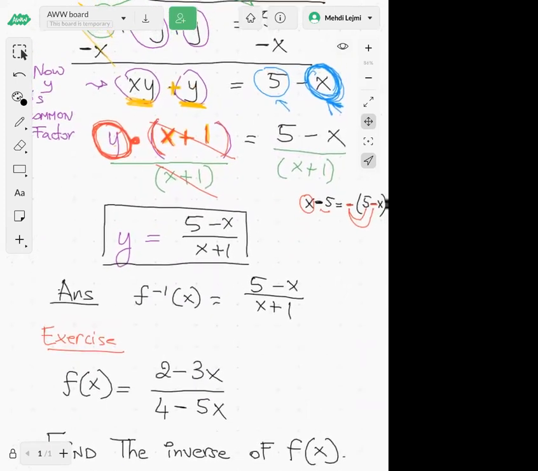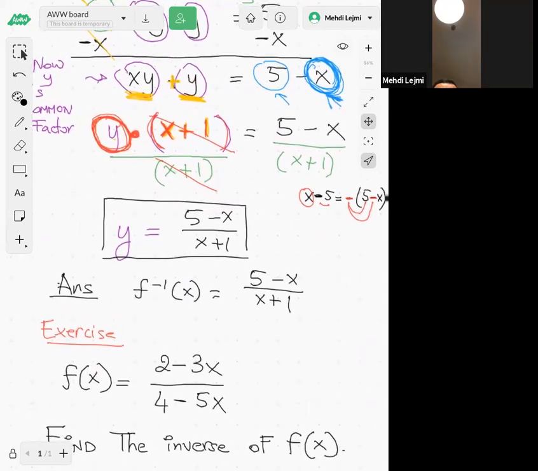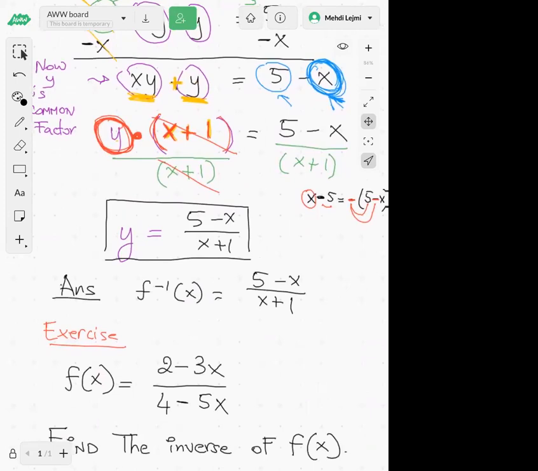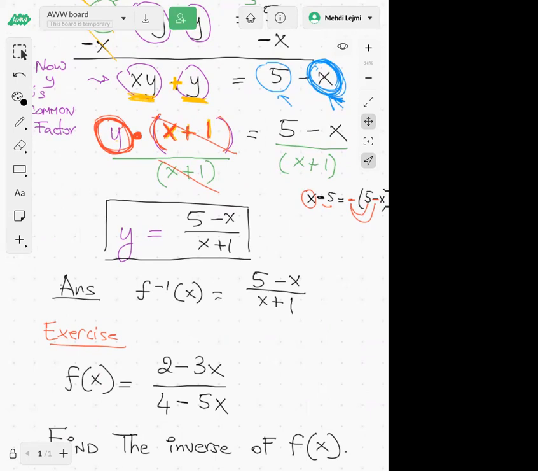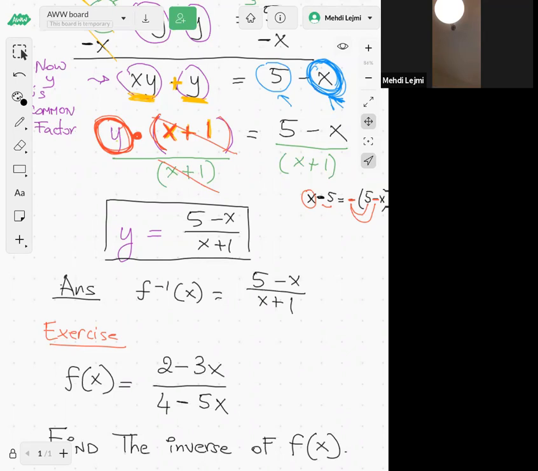Yeah, I got y as a common factor. Okay, perfect. And then you should divide, I guess, by your coefficient. Yeah, sure, of course, I'm going to go over it.